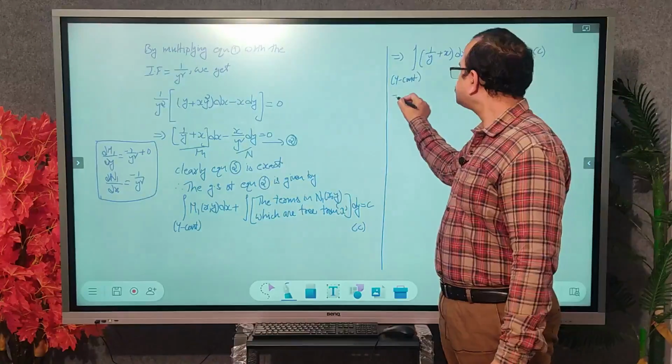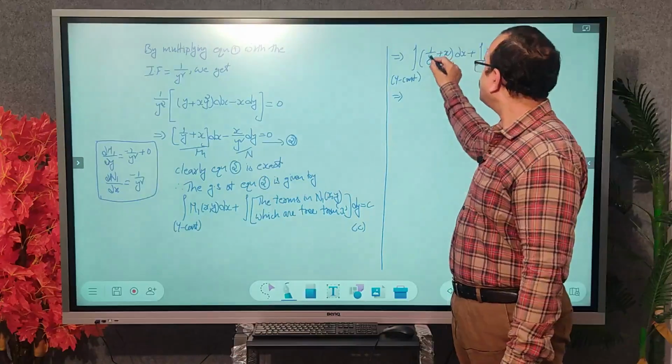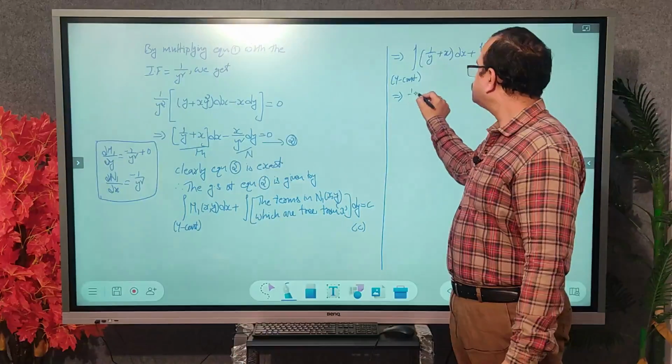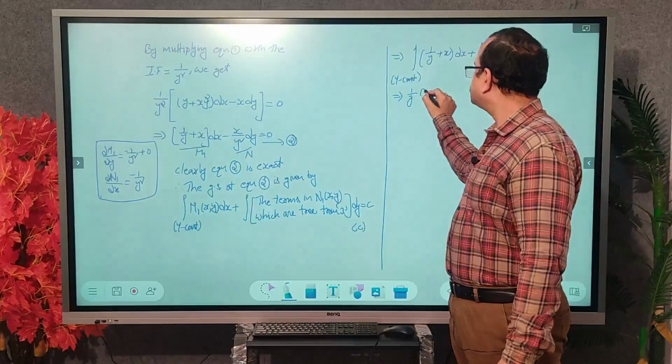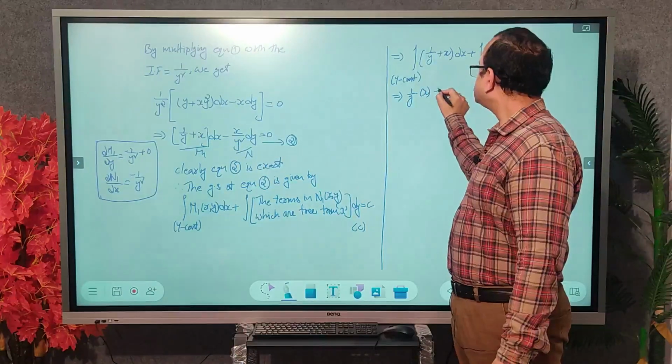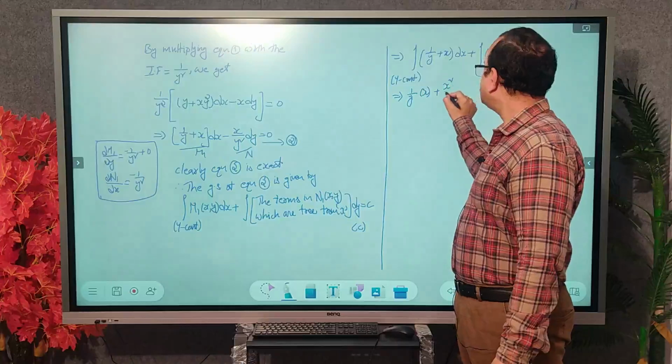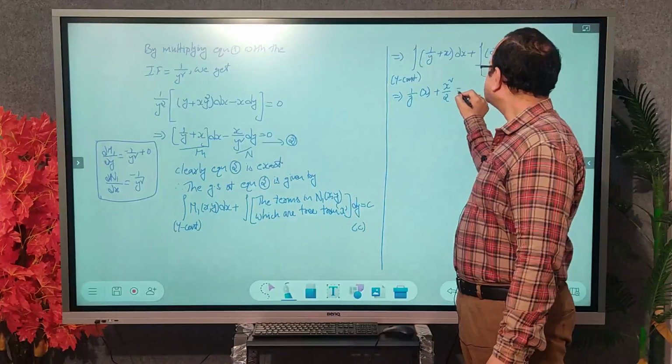So this implies, now we'll calculate here, 1 by y is a constant, so means 1 by y into x we will get, plus integral of x means we get x square by 2 is equal to c.